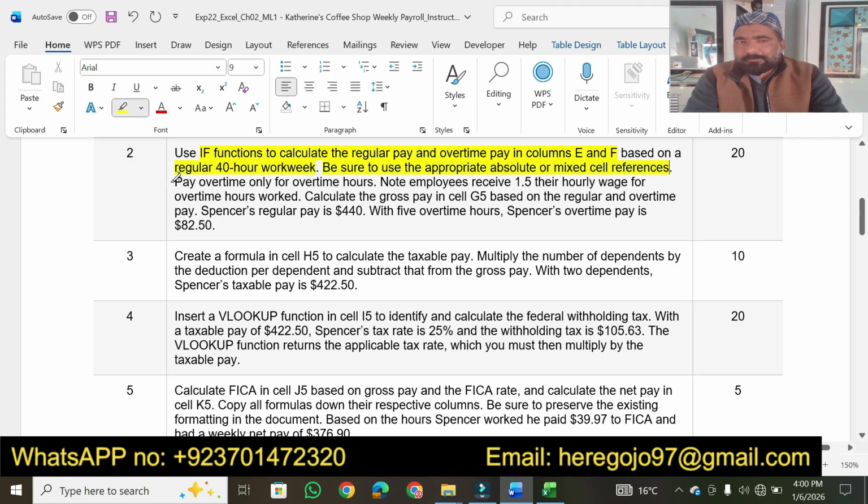Pay overtime only for overtime hours. Note that employees receive 1.5 times their hourly wage for overtime work. Calculate the gross pay in G5 based on their regular and overtime pay. After calculating, we will get a regular pay of $440 and overtime pay of 82.50. So let me start this question step by step.